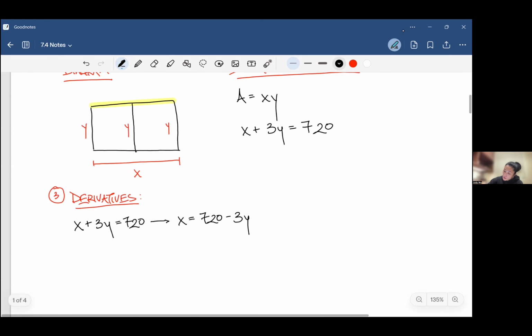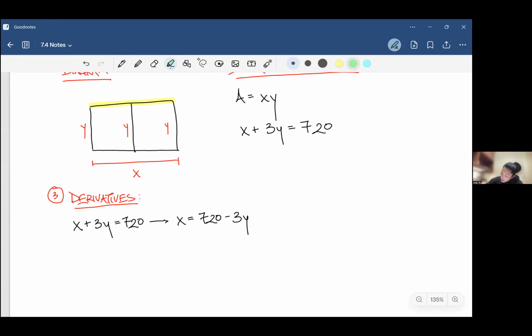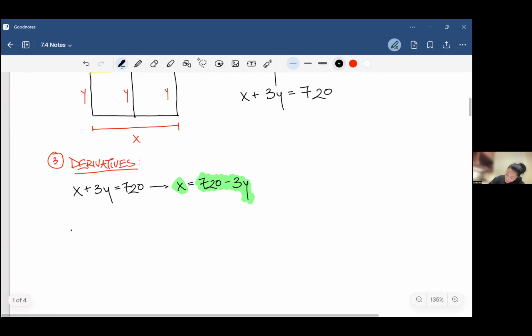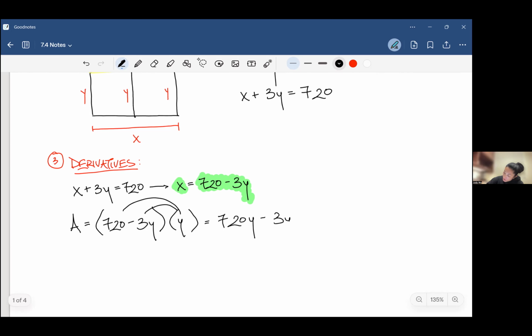And what's really nice about that is then everywhere I see an x in the area equation, I can replace it with 720 minus 3y, right? And so that's going to give me a new area equation of 720 minus 3y times y. And now I'm going to go ahead and distribute here, and that's going to give me 720y minus 3y squared. Okay.